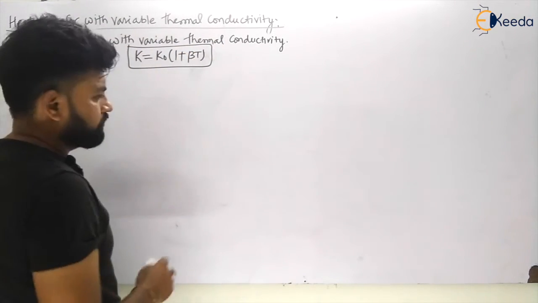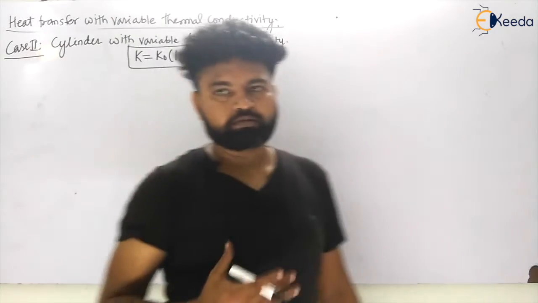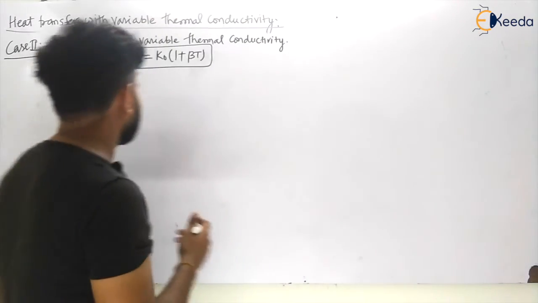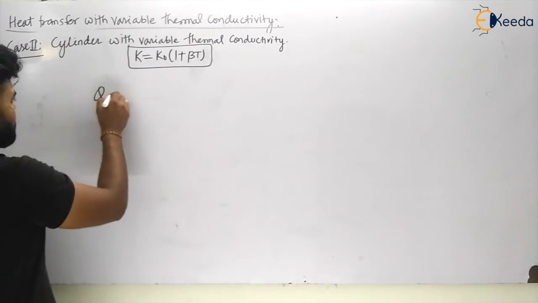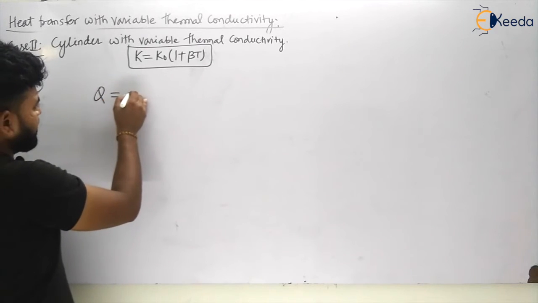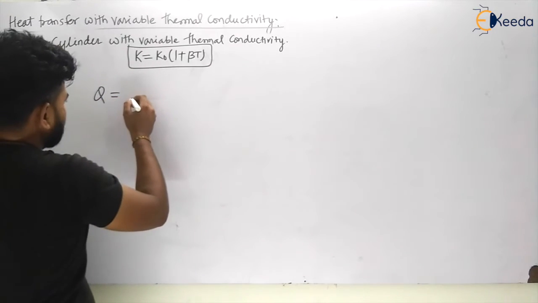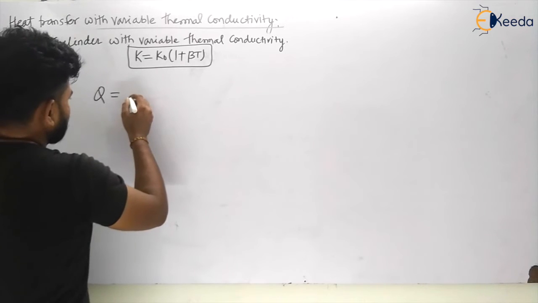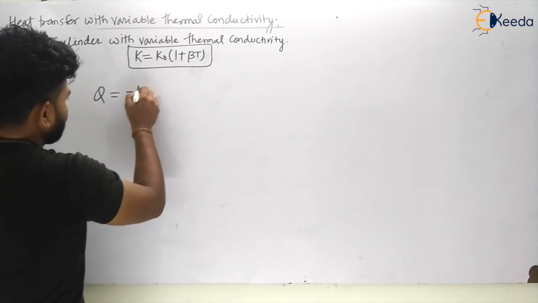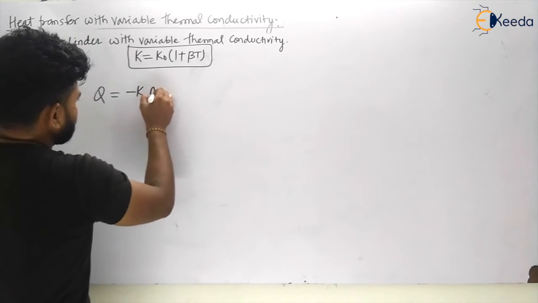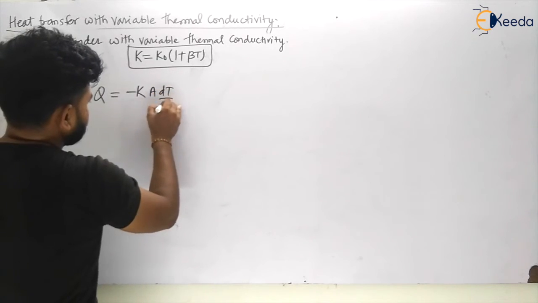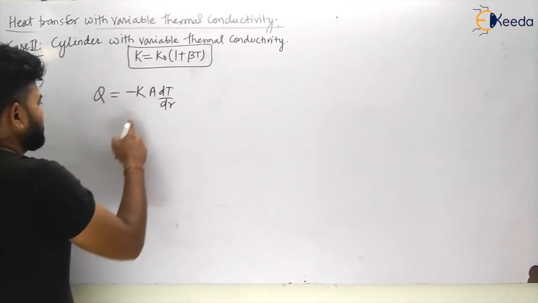Now, in cylinders, heat transfer is generally given by minus K A dt by dr, and the area for the cylinder.